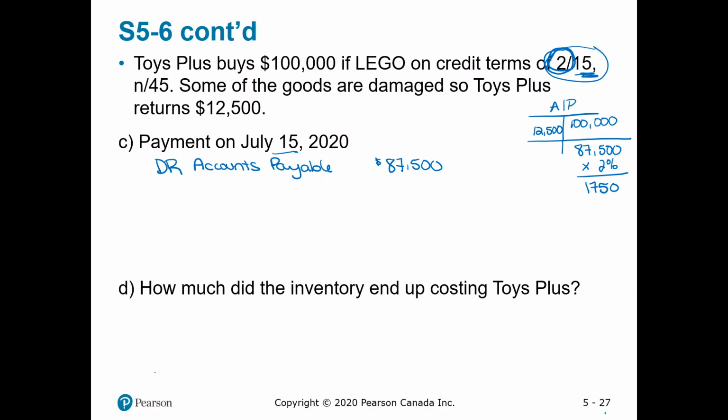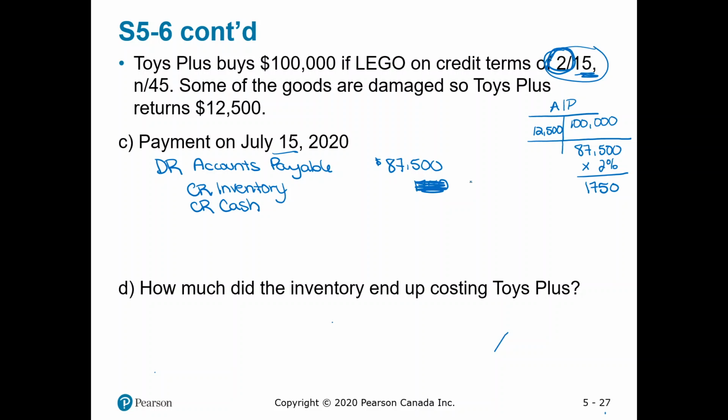Since we received this discount, our inventory actually cost us less. So we credit inventory for $1,750. And we're paying this invoice off, so cash is going out. So we'll credit cash.